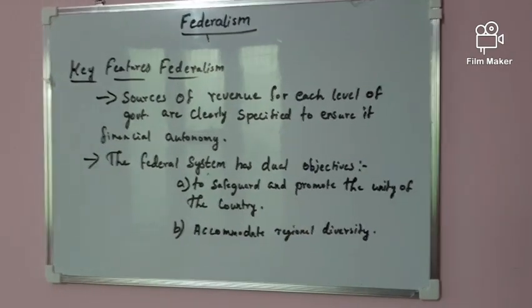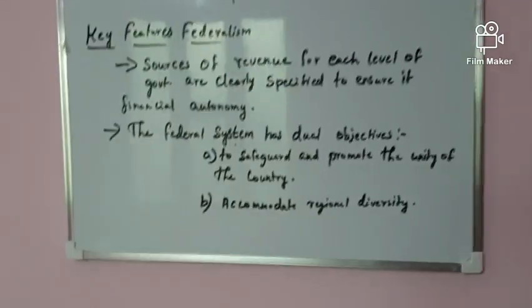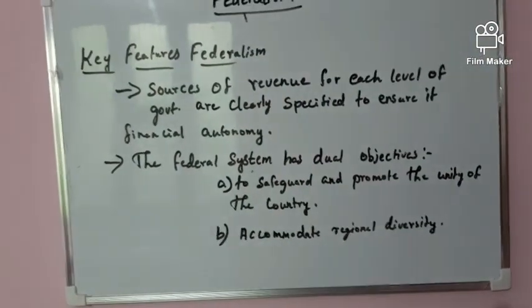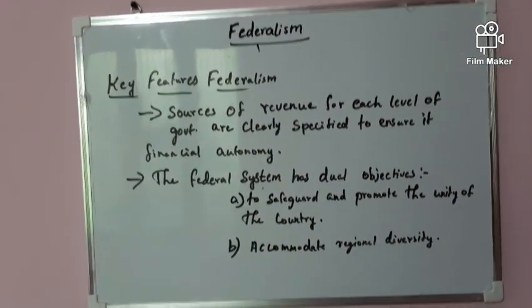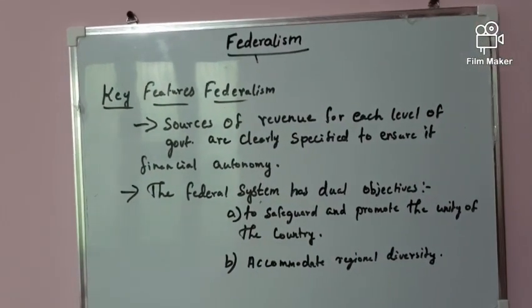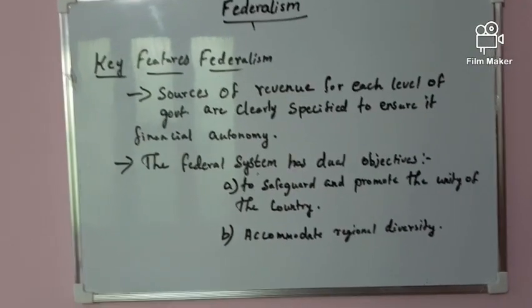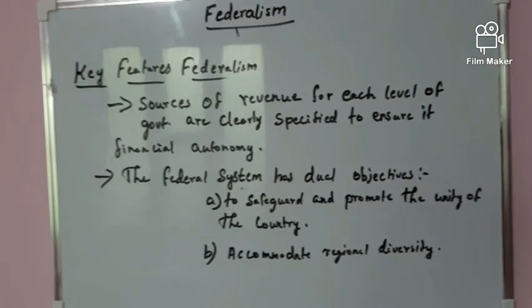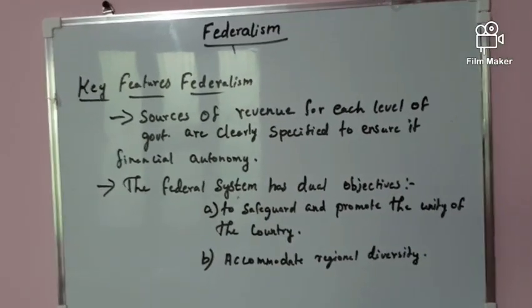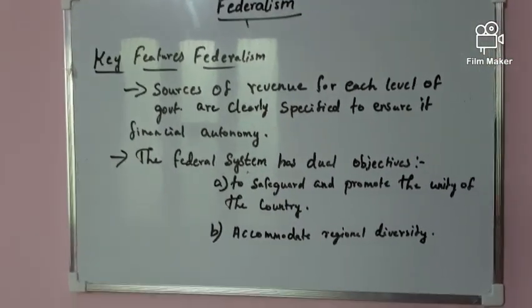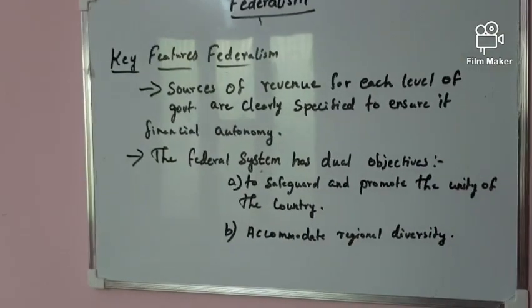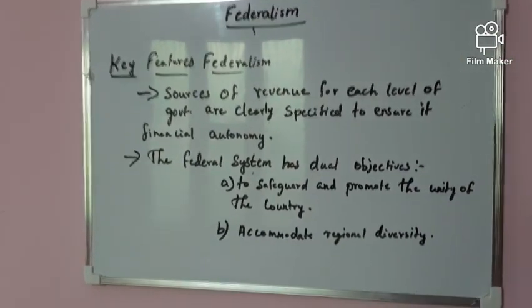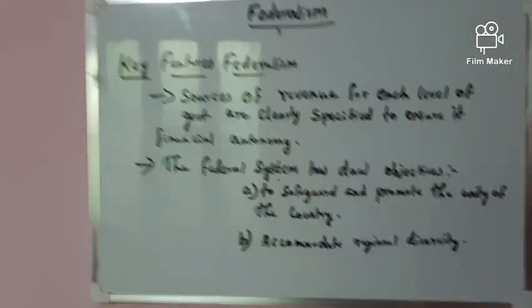The third one is that the existence and the authority of each level of government is constitutionally guaranteed. The next one is that the fundamental provisions of the constitution cannot be unilaterally changed by one level. If they want to make a change, they have to get the consent of both levels of government.